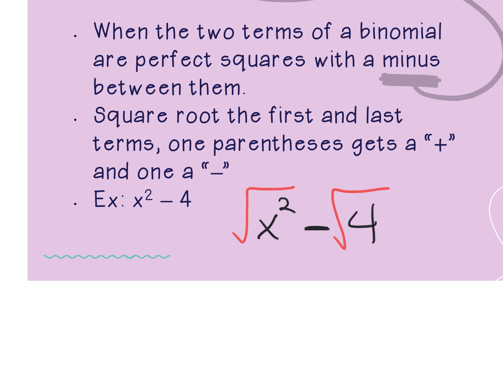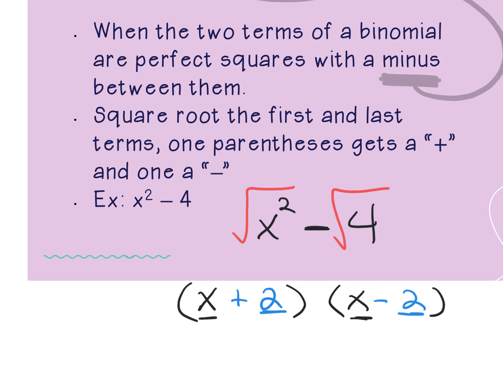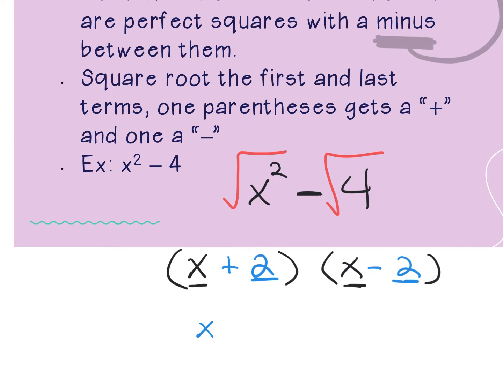The square root of x squared is x, and I'm going to write that right here and right here. And then I'm going to square root the 4, and that's what I'm going to place right here. And one gets a plus sign, one gets a minus sign.